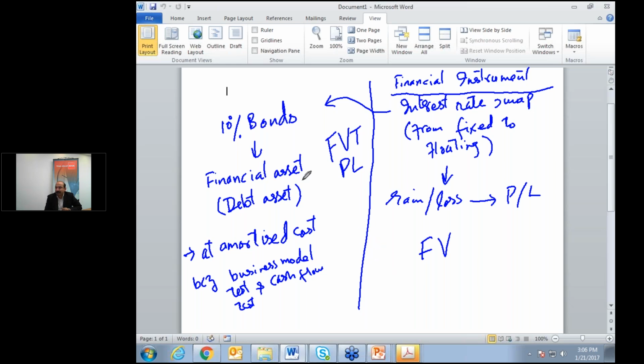So this was the accounting mismatch, because the asset was being accounted for at amortized cost, whereas the related financial instrument was being treated on a fair value basis. So let's move further. I hope it is clear.